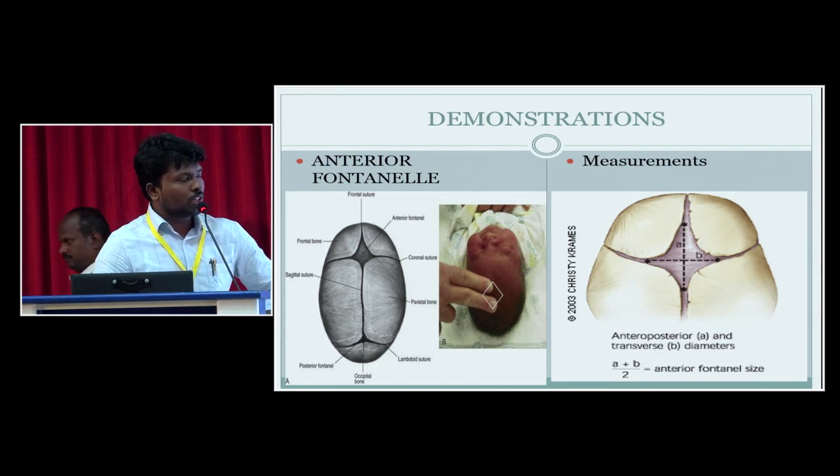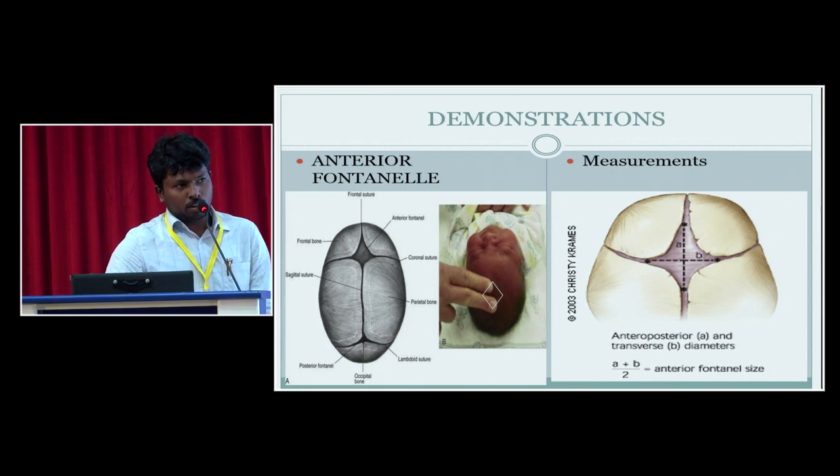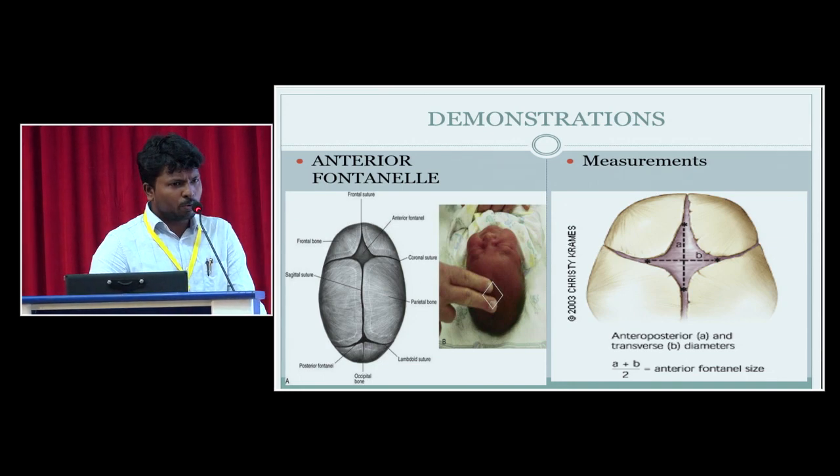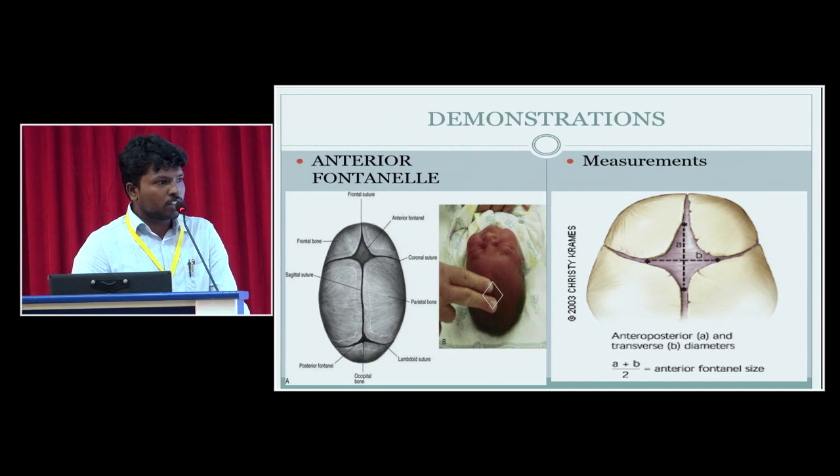Anatomically, this is the anterior fontanelle. It's diamond shaped, and it measures 4 centimeters by 2.5 centimeters in anteroposterior and transverse diameter. This is basic anatomy, but how it plays a role clinically is in the palpation. Please come now for the demonstration of the anterior fontanelle.